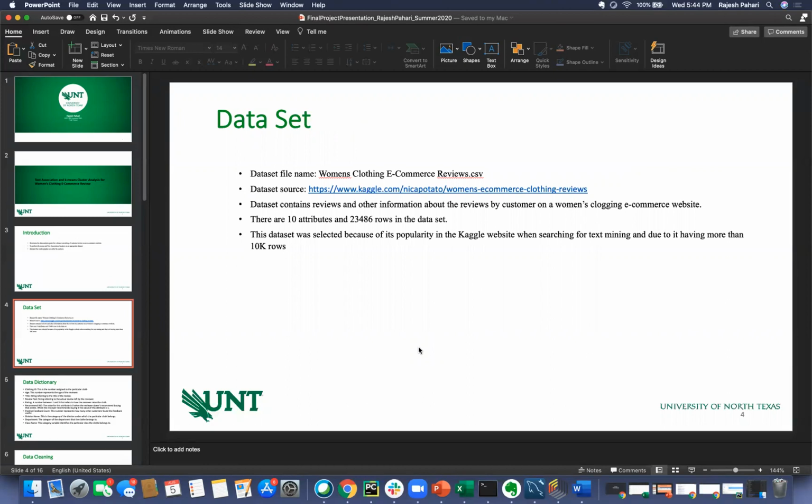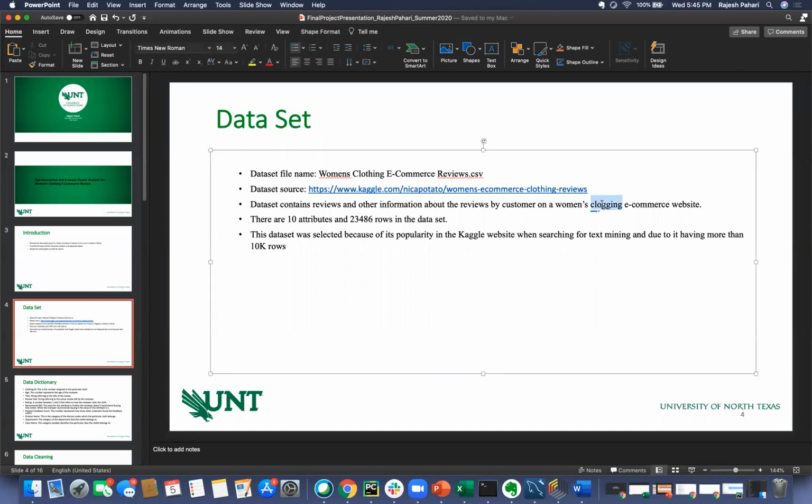The dataset file name is Women's Clothing E-commerce Review.csv. I downloaded it from Kaggle. The dataset contains reviews and other information about the reviews by customers on a women's clothing e-commerce website. There are 10 attributes and 23,486 rows in the dataset.